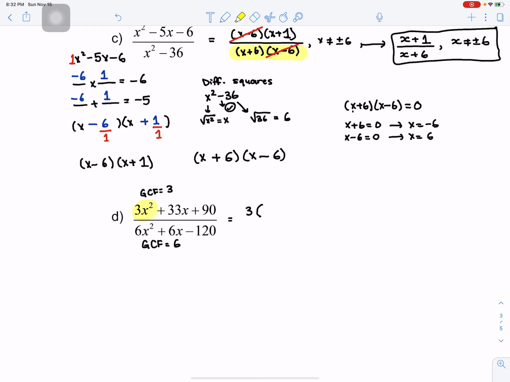So 3x squared divided by 3 is x squared. 33x divided by 3 is 11x. 90 divided by 3 is 30. So there's my numerator with my GCF factored out.